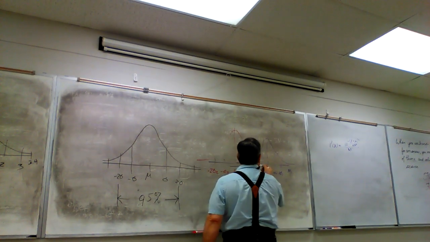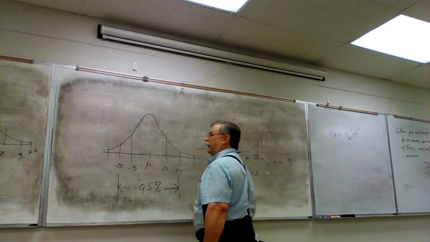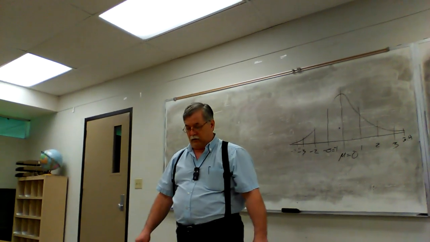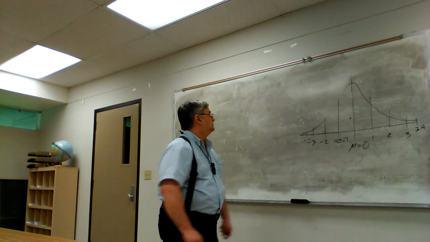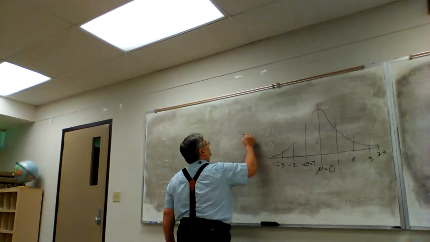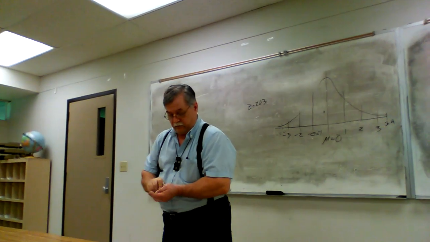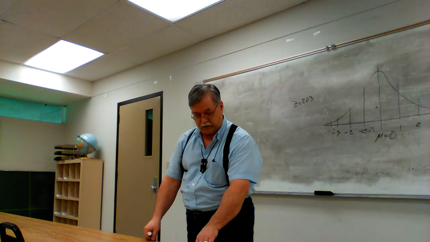Well, at that x, you calculate the z-score, and say it comes out to minus 2.03. Okay? You find your handy-dandy table, you look up minus 2.0.